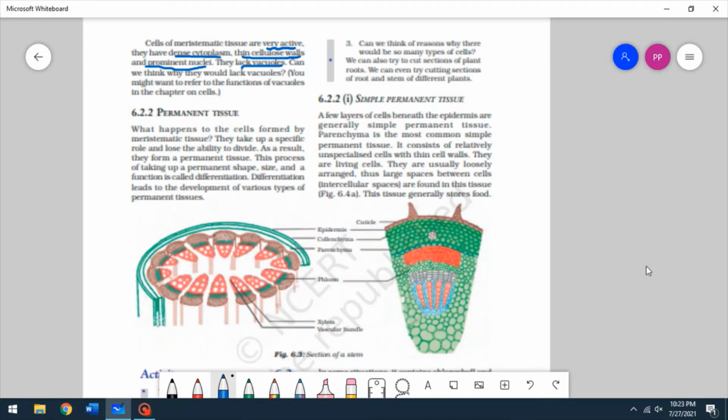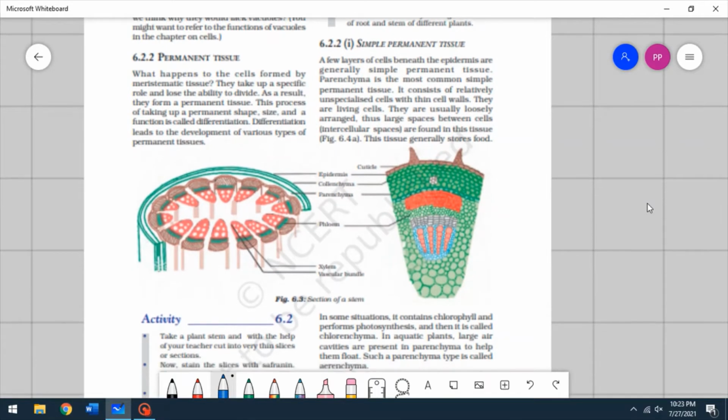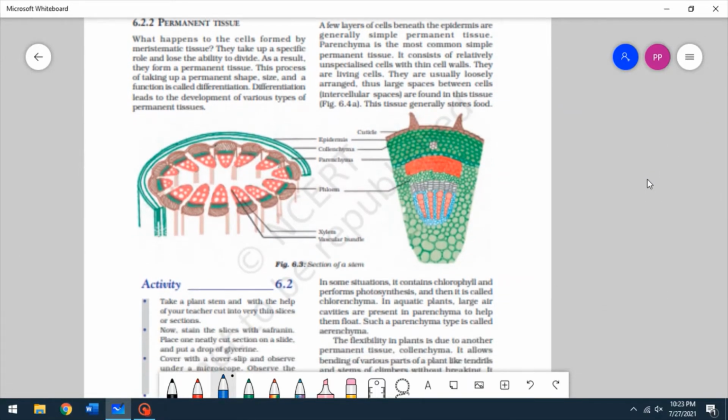Alright, so permanent tissue. What happens to the cells formed by the meristematic tissue? They take up a specific role, and they lose their ability to divide. As a result, they form a permanent tissue, and this process of taking up a permanent shape, size, and function is called differentiation. Most of these concepts you can relate with human beings. Whenever I find anything relatable, I will tell you what I find common about that with human beings.